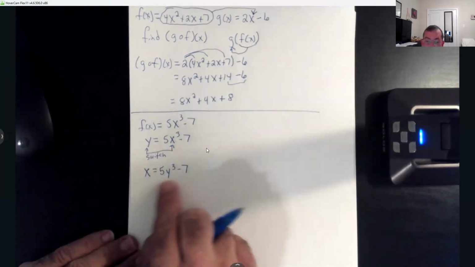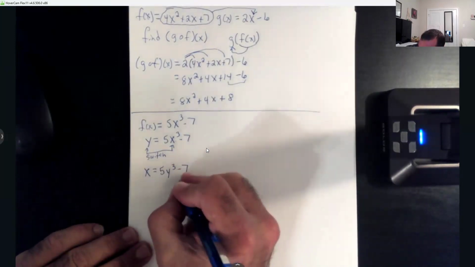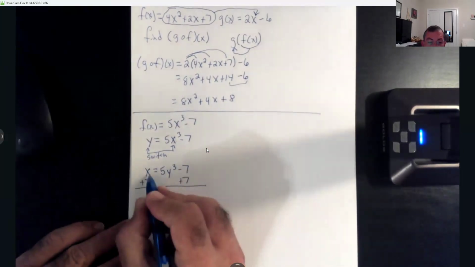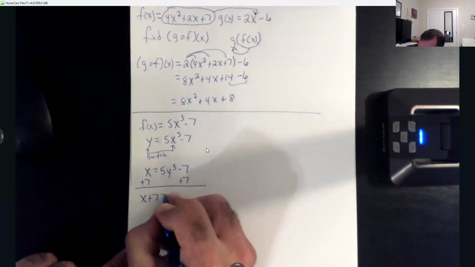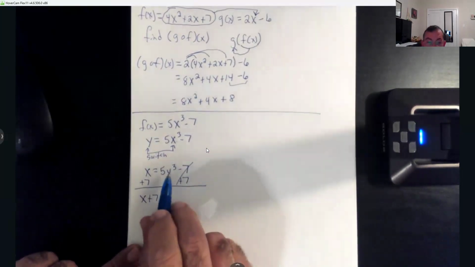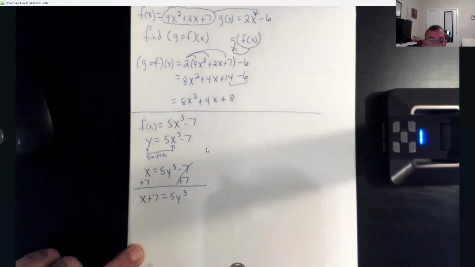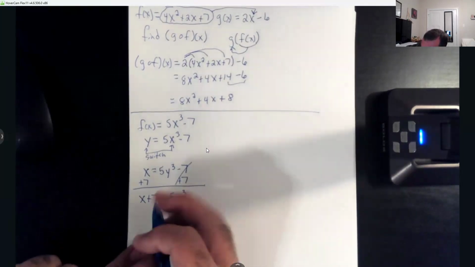So I switch the x and the y. Now solve for the y. So your first move, you're going to add 7. So y'all, you're going to get an x plus 7 over here. Those 7's cancel, so all that's left is the 5y to the third. Next, we're going to divide both sides by 5.